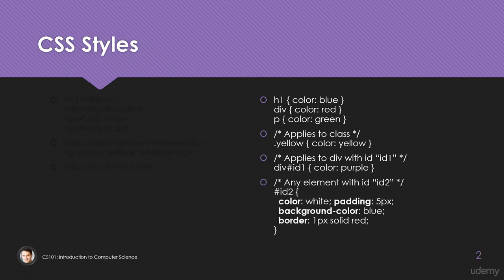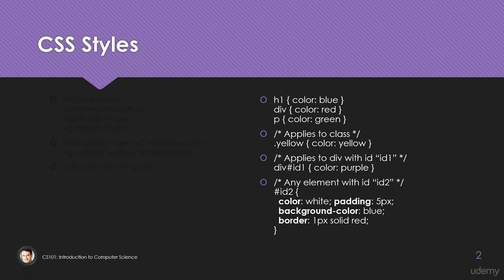And here's another one that is going to match any HTML element with the ID ID2. It's not specific to a div. The previous one is specifically a div named ID1, which has to be color purple. Here, any HTML element with ID ID2 has a white color. The text is colored white, padding is 5 pixels, there's a background color blue, and it has a 1 pixel solid red border.